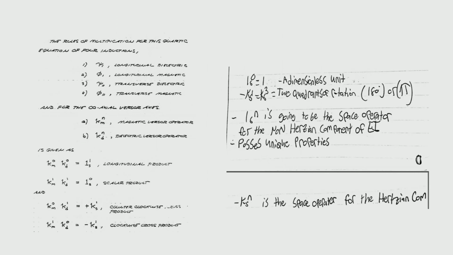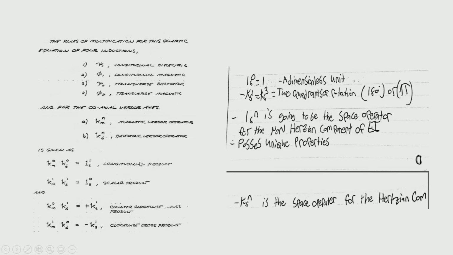Now, pay attention to what these symbols mean. They're really important. So psi 1 is your longitudinal dielectric, phi 1 is your longitudinal magnetic, psi 2 is transverse dielectric, phi 2 is transverse magnetic. He's going to use Km to the n to raise whatever power to represent where you are in the magnetic versor, on the magnetic rotation.